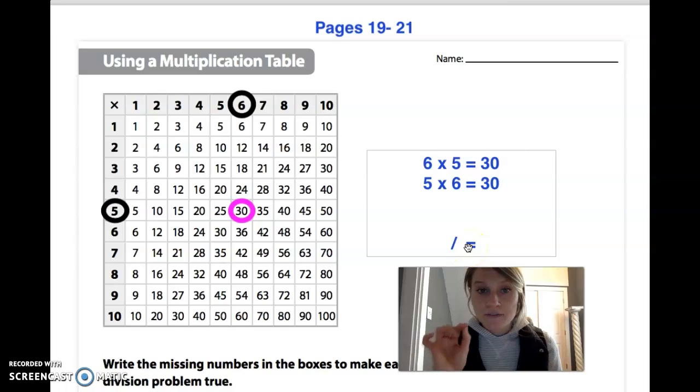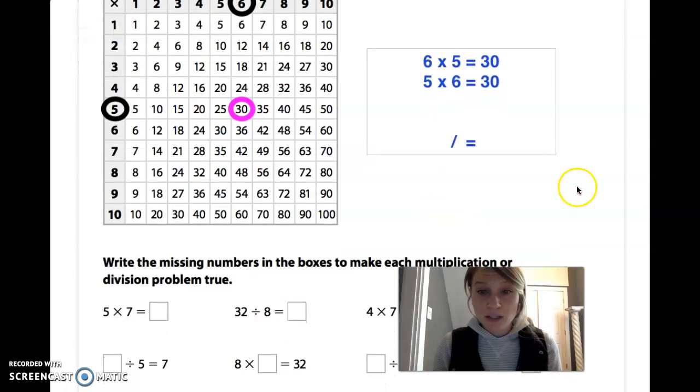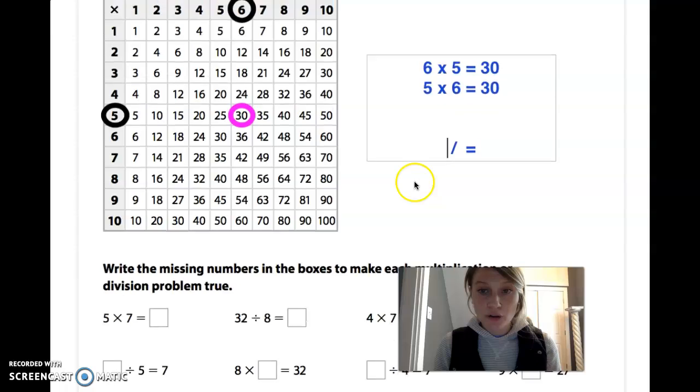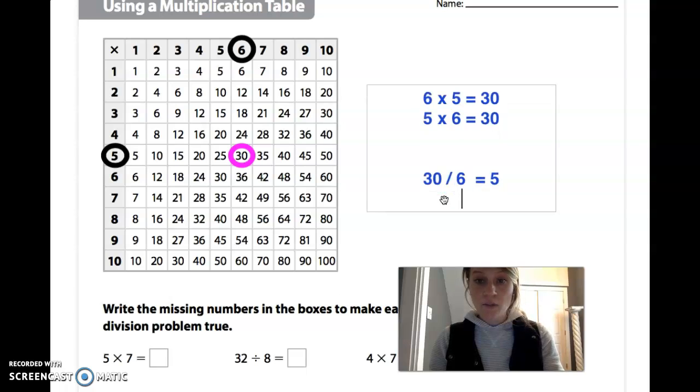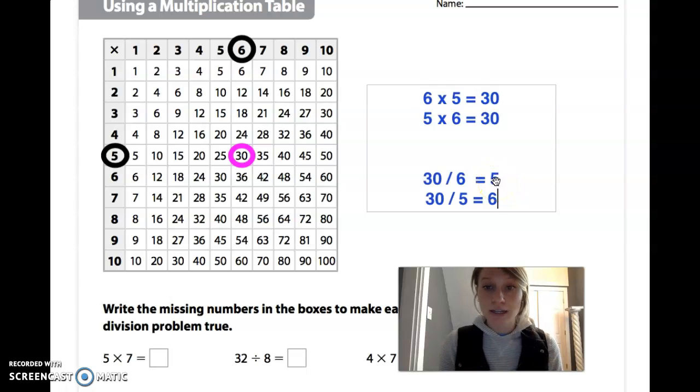I don't have the division symbol that looks like this on my computer, but I do have the fraction symbol, which is the same thing. So 30 divided by 6 equals 5, or 30 divided by 5 equals 6. Both of those get you the same product or quotient. In division, we call it the quotient. And this chart is going to help us solve the rest of these problems today.